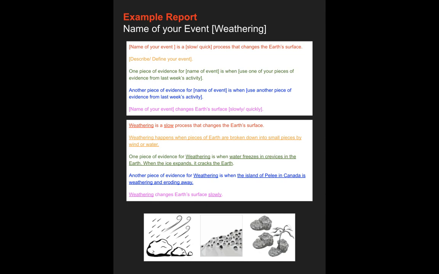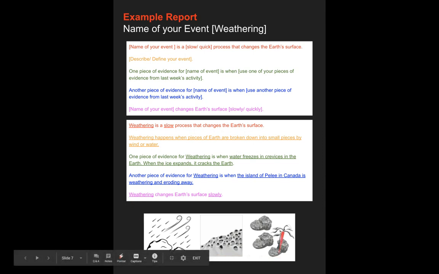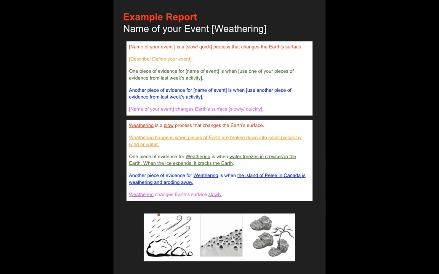When the ice expands, it cracks the Earth. Fourth sentence, another piece of evidence for weathering is when the island of Pele in Canada is weathering and eroding away. Weathering changes Earth's surface slowly. And then you can include a picture that you draw, or you can copy and paste an image from the internet.